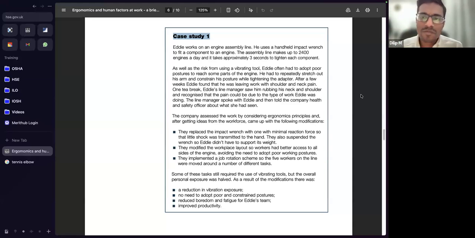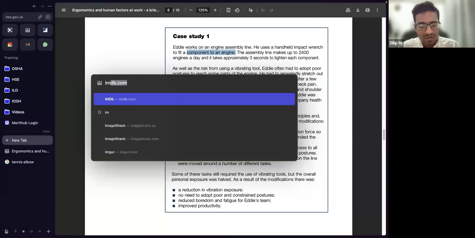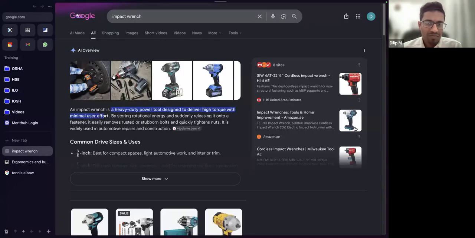Yes. So you could see from the case study that Eddie is working on an engine assembly line. Okay. So they use a handheld impact wrench to fit a component to an engine.